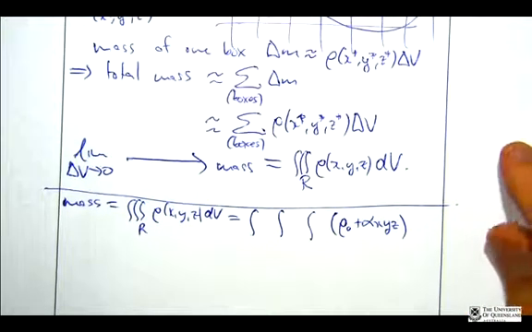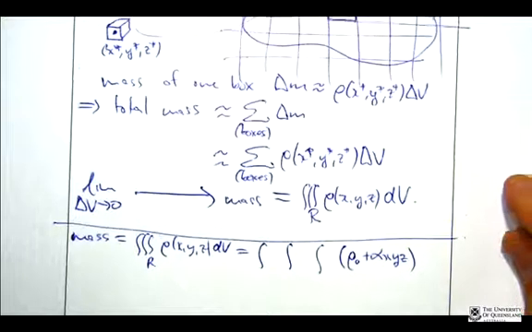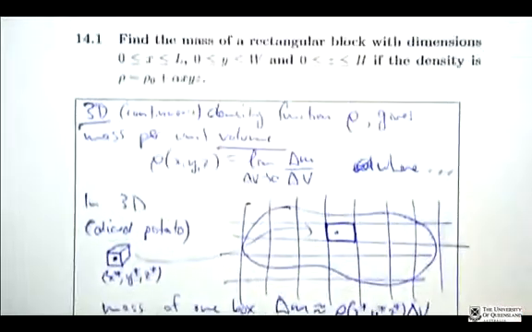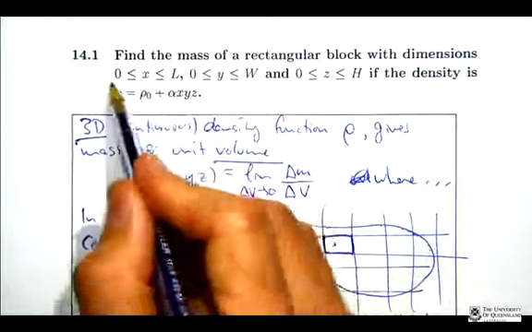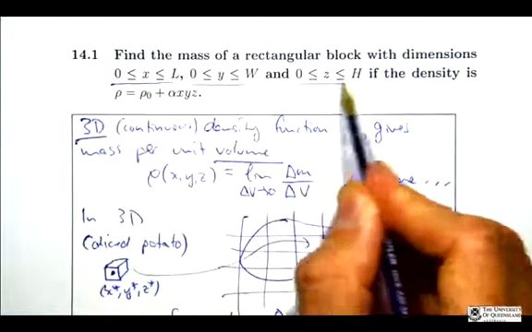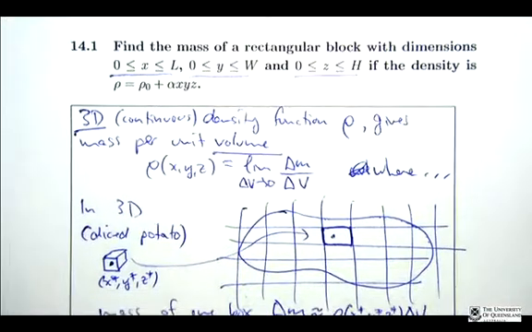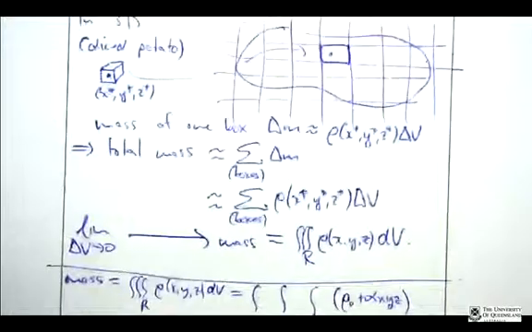Okay, but now the thing is, in the statement of the problem, let me just scroll back up to the top of the page here. In the statement of the problem, these bounds all happen to be constant. So just like in the double integral case, that's telling us that it doesn't really matter what order we choose. All 6 bounds of those iterated integrals in the 3-dimensional Fubini's theorem will be constant. So it's not going to matter what order we choose.